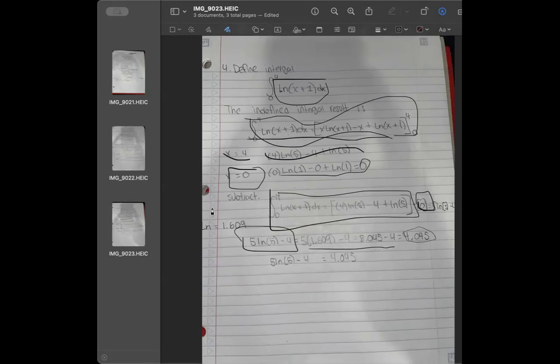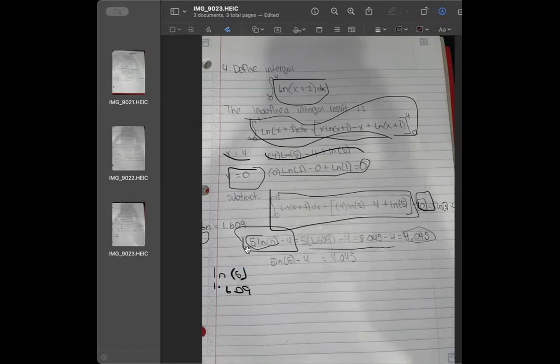And approximating the ln of 5, wait, sorry, I'm messing up. ln of 5 is going to be 1.609, which is what we got from the limit before when we first started.